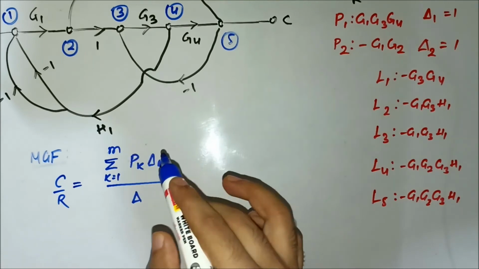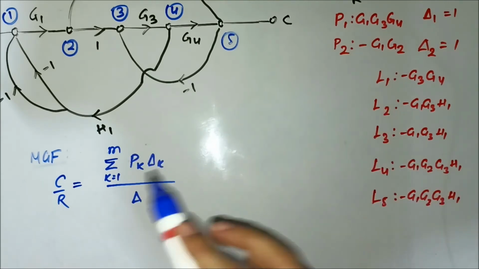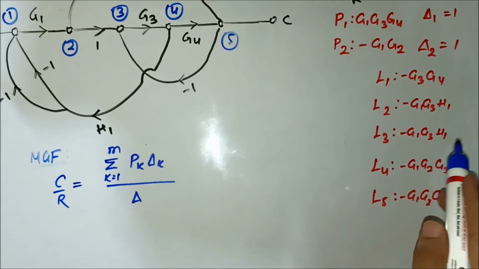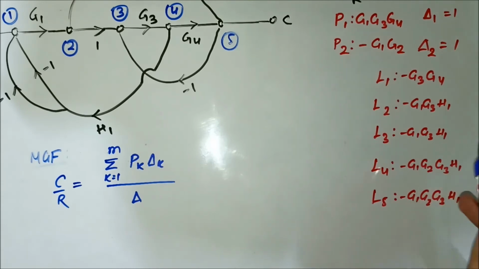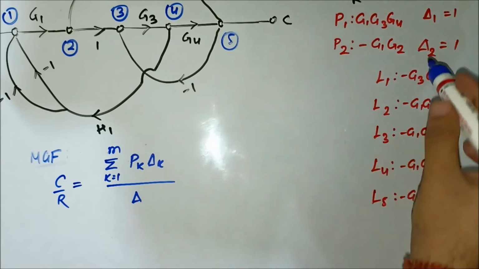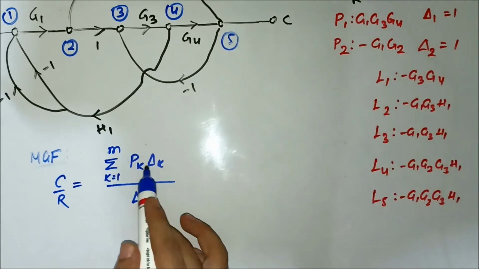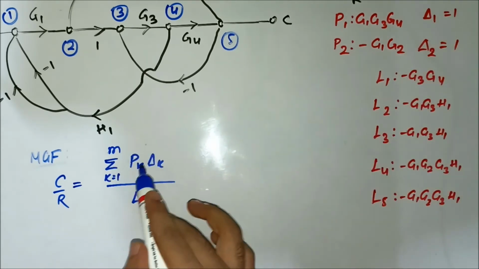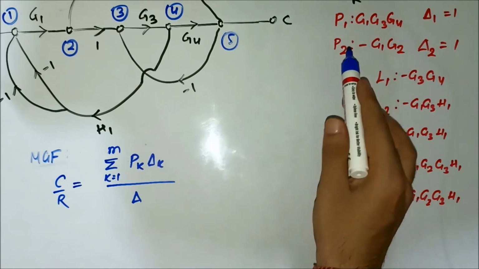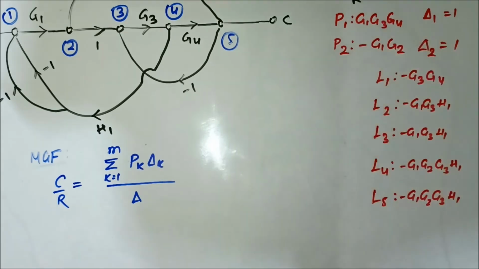So here the graph determinant, as there are no non-touching loops, will be simply 1 minus the sum of the individual loop gains, and it will be 2 path factors and 2 forward path gains, because there are only 2 forward paths.